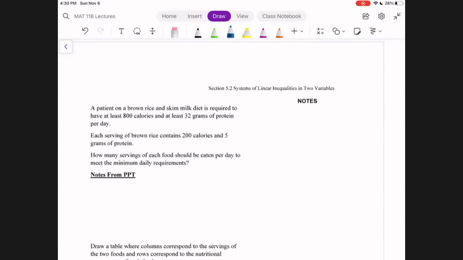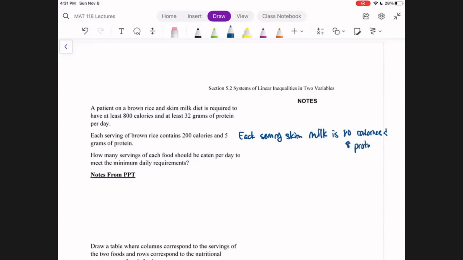Okay, so usually in this, you have a diet, and one thing it's missing, it says each serving of skim milk is 80 calories and 8 protein.